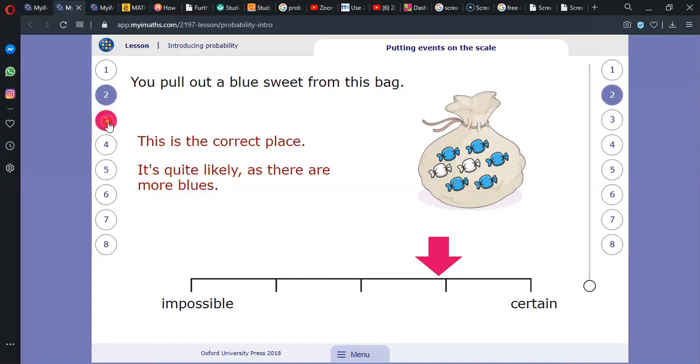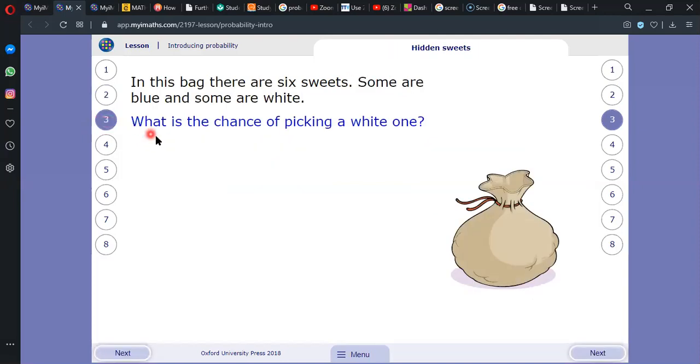Now let's move on. In this new bag I have here, there are 6 sweets. Some are blue and some are white. What is the chance of picking a white one? Now there's a trick here, guys. Remember in that last example, we were able to see the sweets in the bag. We knew the number of blue sweets and the number of white sweets.